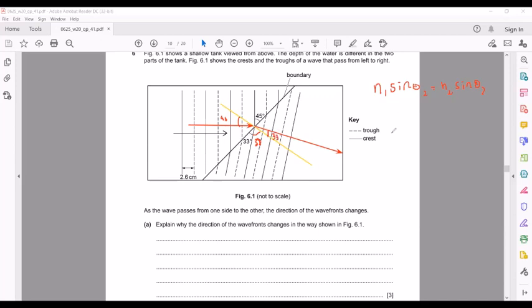Yes, sir. Which one is 57, Hashim? Which angle are you asking about? Yes, sir, the one with 33 and 57. This one is 33 already.